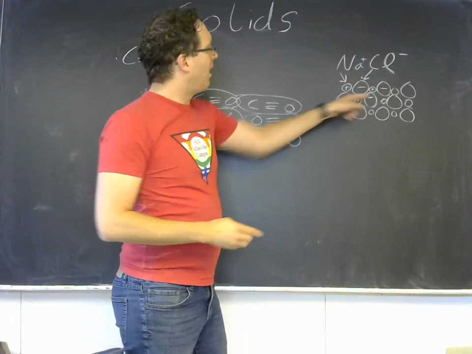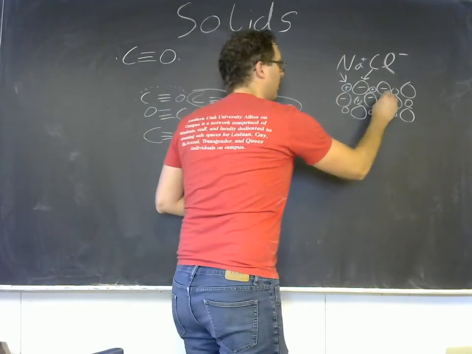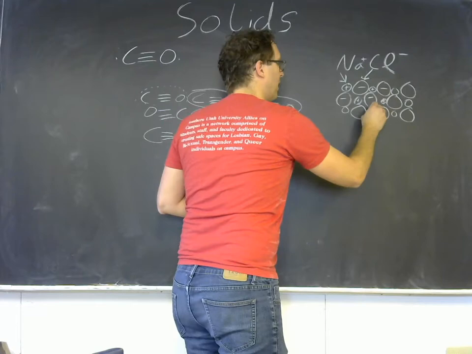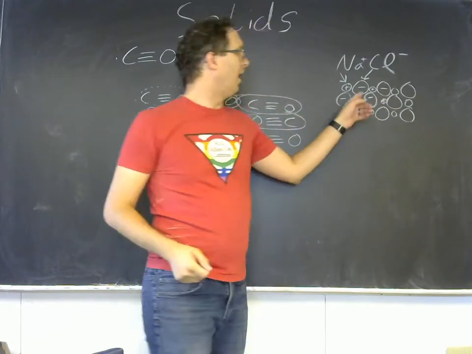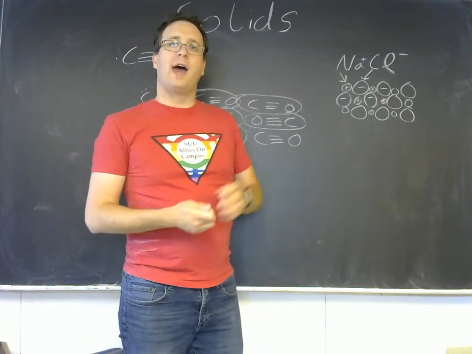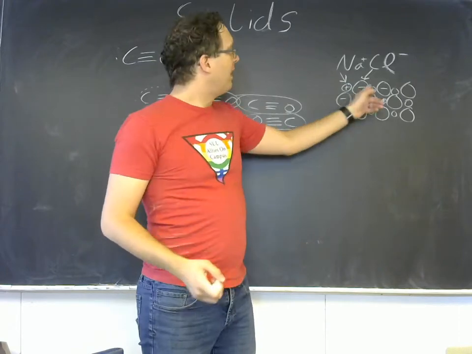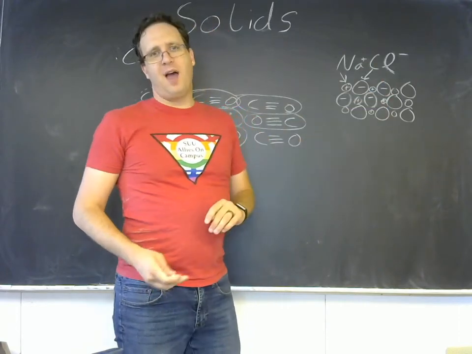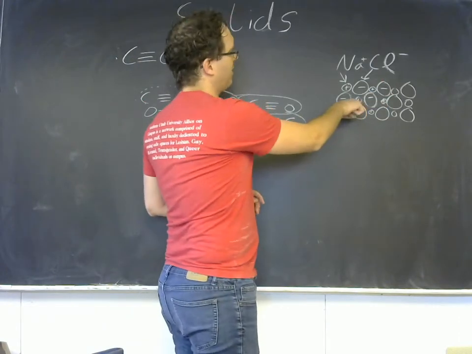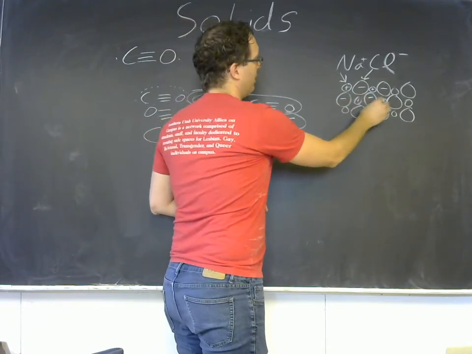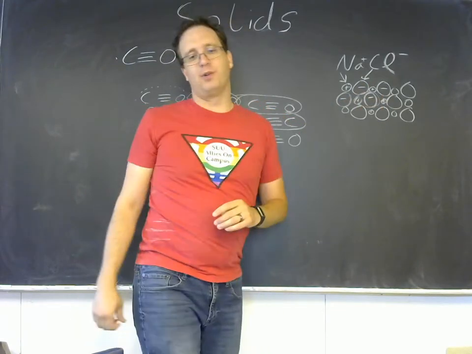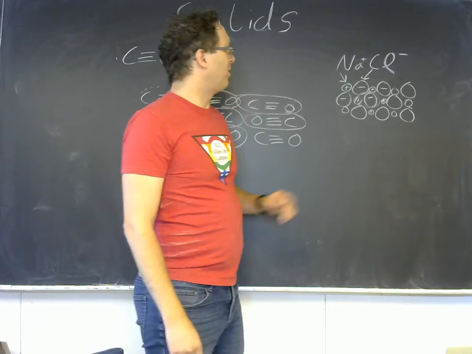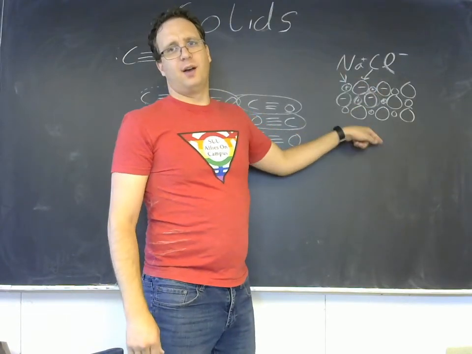This chloride right here is surrounded by some sodium ions, and it forms an ionic bond with each of them equally. I cannot single out any particular sodium and say, well, this is a formula unit with a proper ionic bond, and everything else is just intermolecular forces.